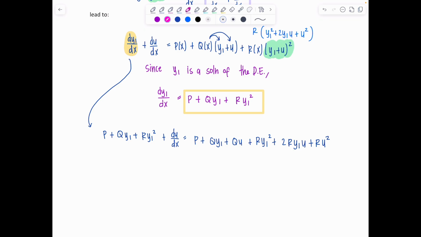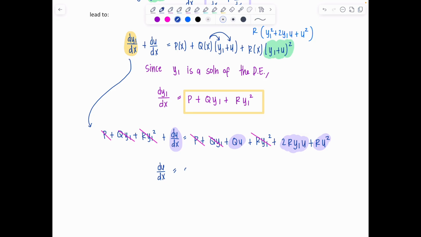We have a cancel party. p is gone, q y1 is gone. This will happen when you're solving all of them. It's very fun. Okay, is that it? Who survived? I've got a du/dx over here equals, I've got a q u, a 2 r y1 u, and an r u squared.